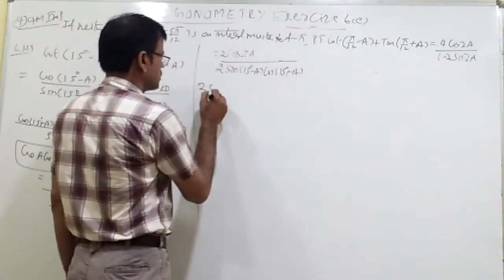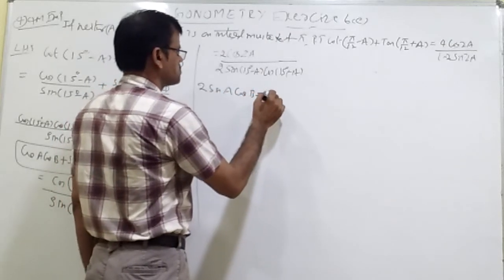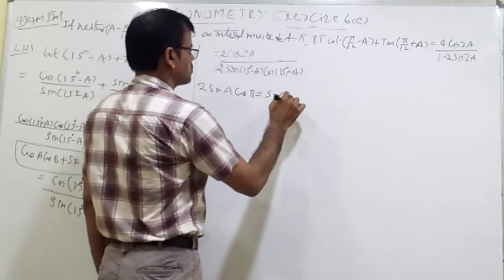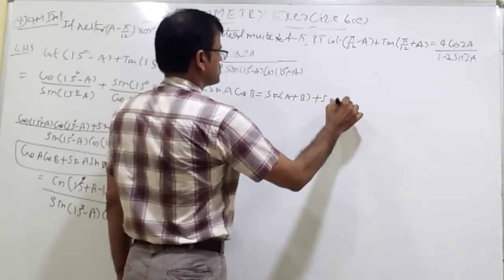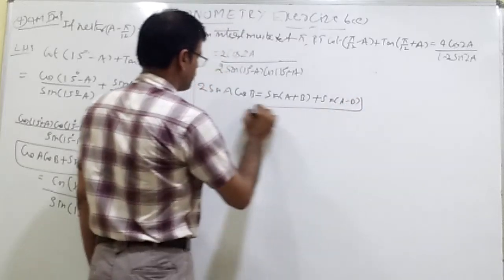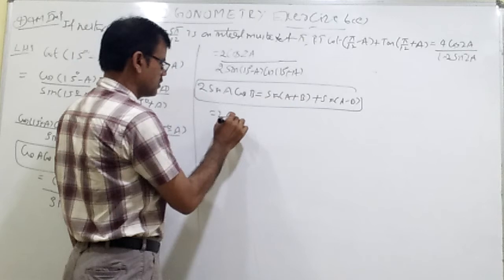Let us remember the formula 2 sin a cos b: sin of (a plus b) plus sin of (a minus b).